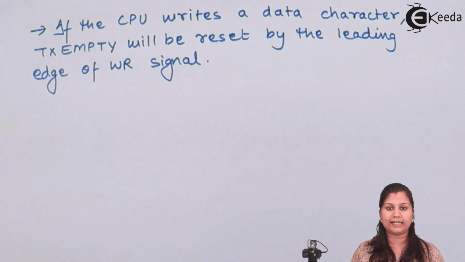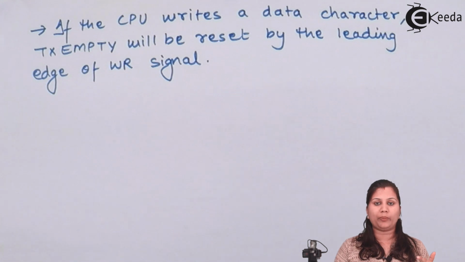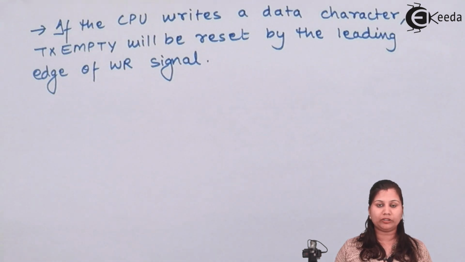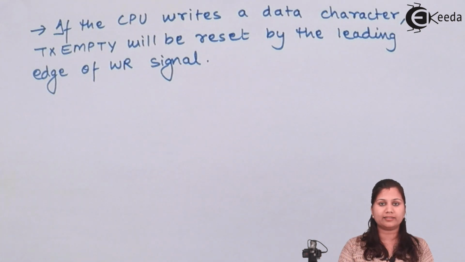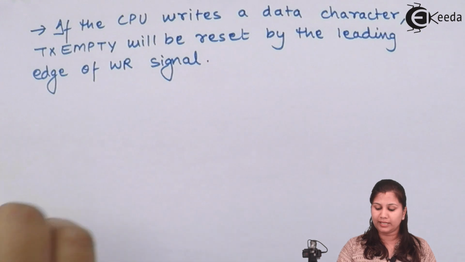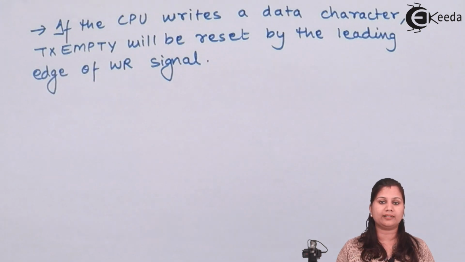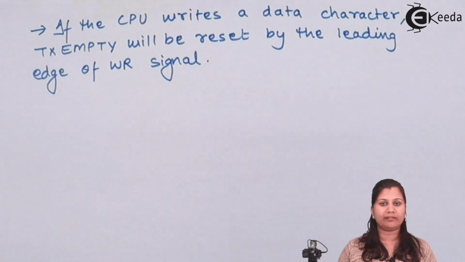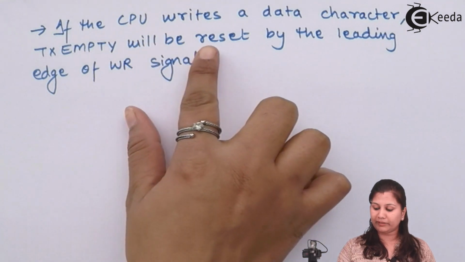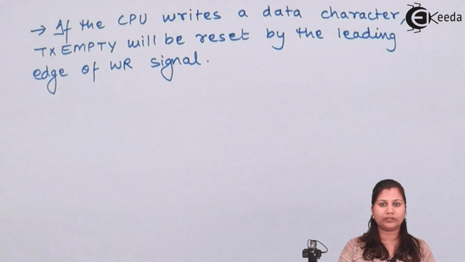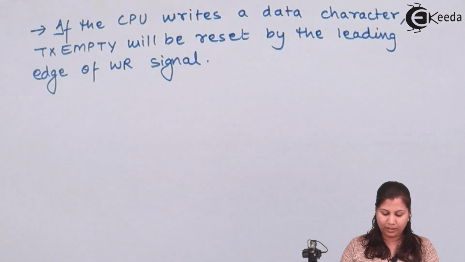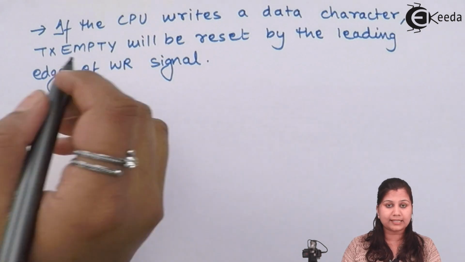So this signal TX empty will be high when the transmitter is empty, no data character is available with it. But when the microprocessor writes the data into the transmitter, then this TX empty signal will be at low level, reset by the leading edge of the write signal.